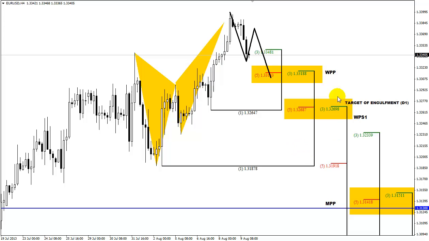So we must pay attention to how the market will behave below the zones. Right, we don't want to see some splashing moves, some strong moves to the downside, as candles like this breaking below the zone.